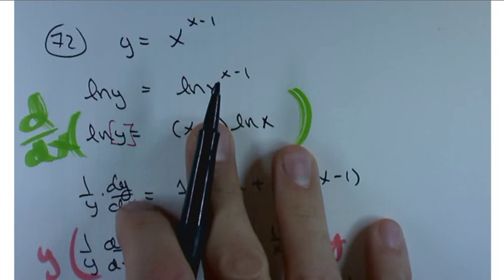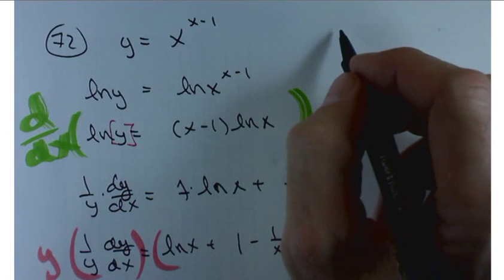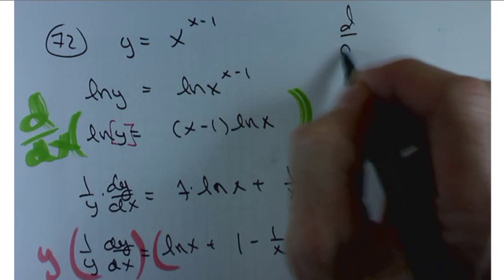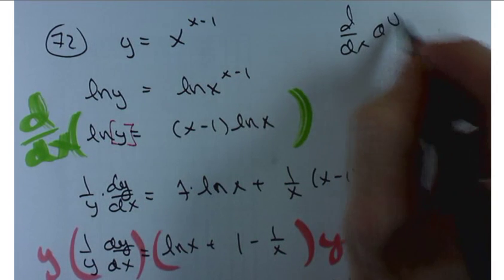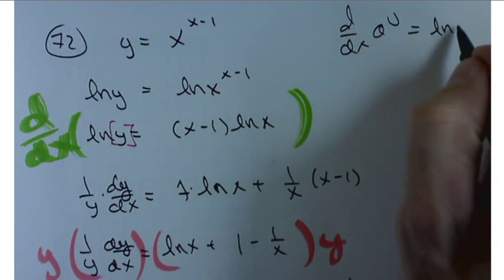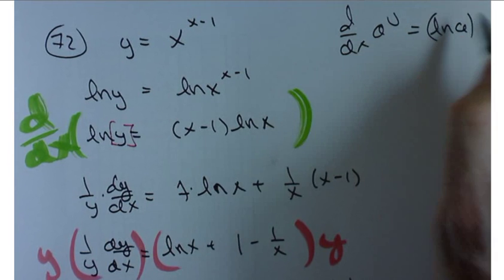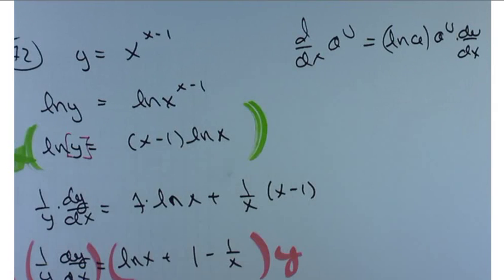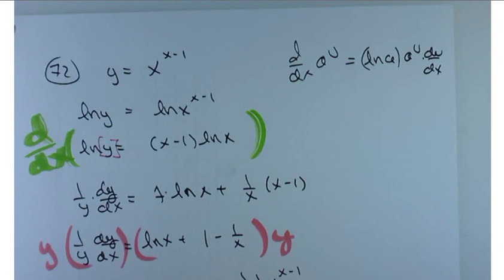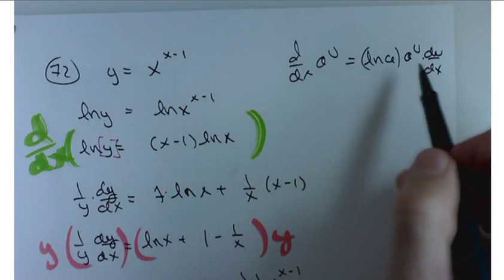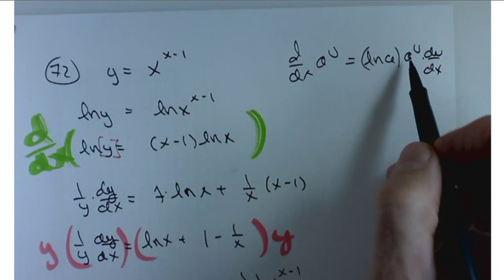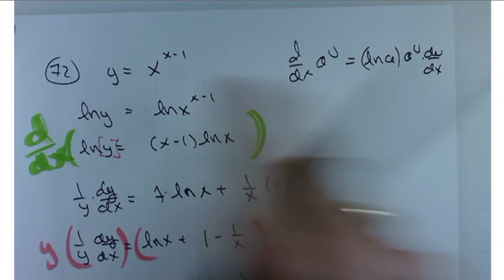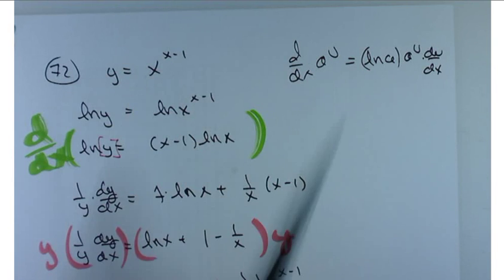But as far as differentiating with that one, using this property, derivative of a to the u equals ln of a times a to the u times du by dx, that one actually doesn't apply here. Can you see why? Why would that one not apply? Yeah, here in this formulation, a is a constant. Over here, you've got a function, a variable. So that one doesn't work.